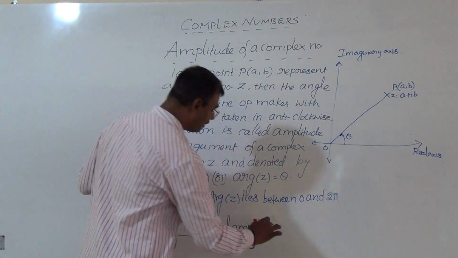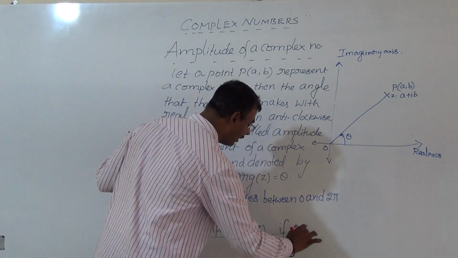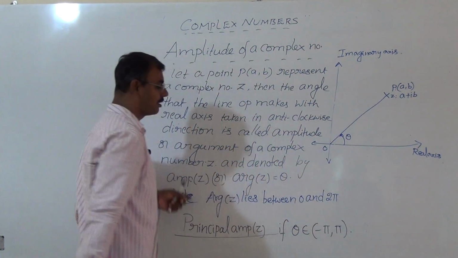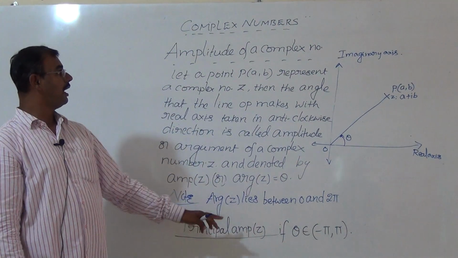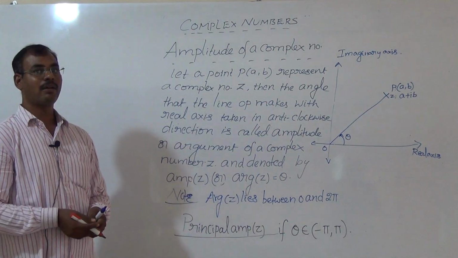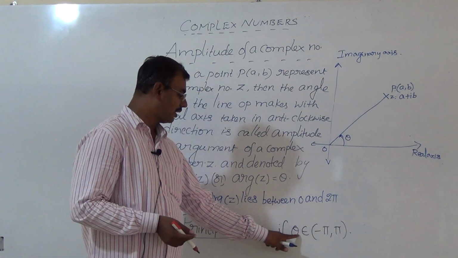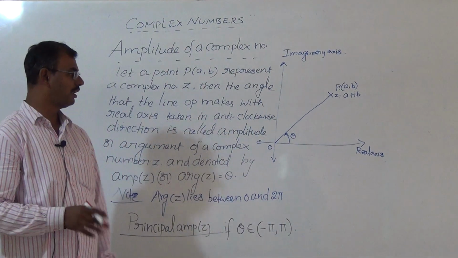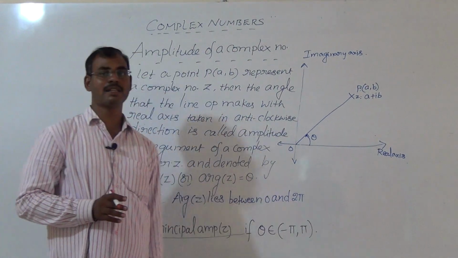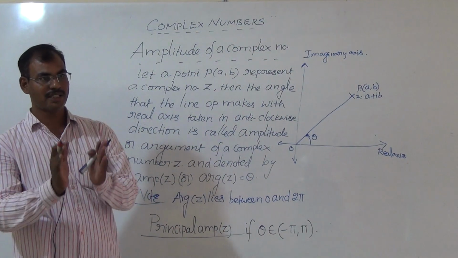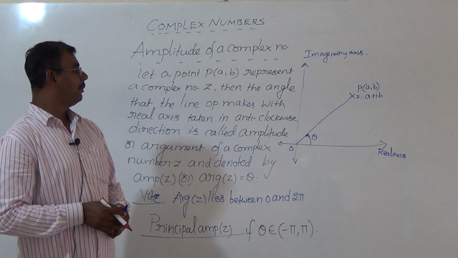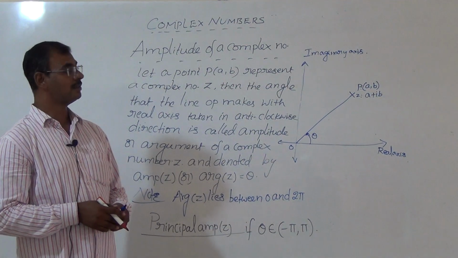If theta lies between minus pi and pi, this is called the principal amplitude or principal argument of a complex number. Whether it is an open interval or closed interval, both are accepted. If theta lies in the interval (minus pi, pi), then it is called the principal amplitude of a complex number.